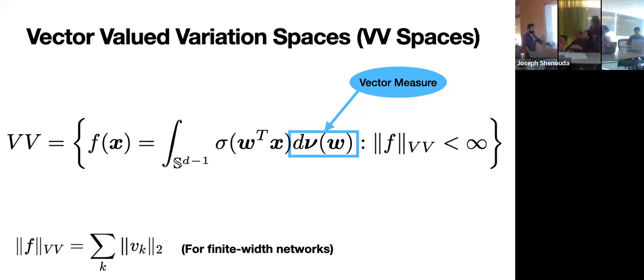Okay, so now we have this new space of functions parameterized by these vector measures. And so how does this relate to neural networks, and how do we know that optimizing over this space of functions necessarily will be the right thing to do?